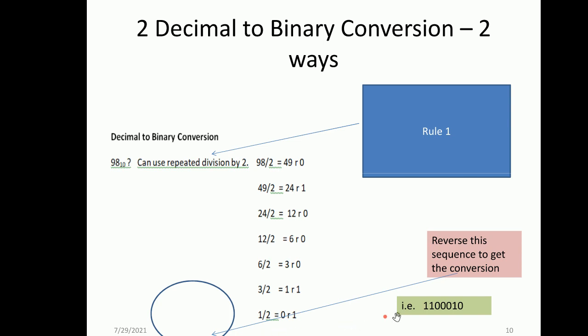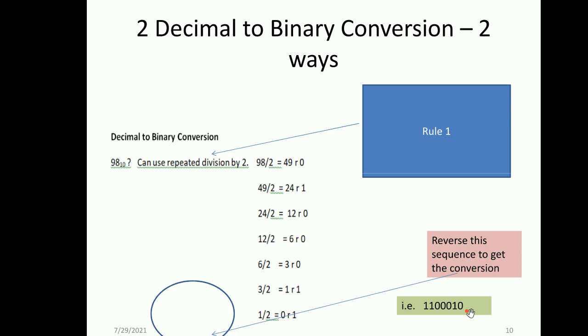But now, what I need to do is to reverse the series. I reverse this series, and what I get is 1, 1, 0, 0, 0, 1, 0. And that is the binary equivalent of 98. And if you wanted to, you could check that out.